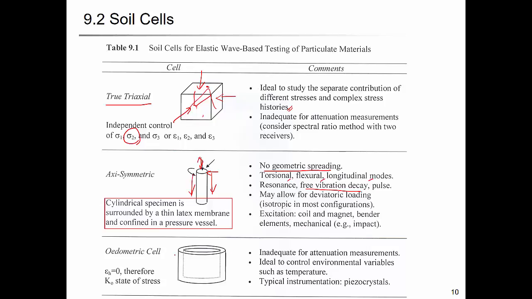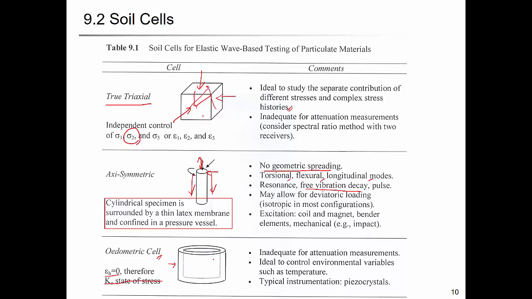Yep. Volumetric cell. This is the easiest way to do the soil characterization. We do it during the consolidation test. You have a rigid wall so that you don't allow the lateral strain, you only allow the vertical strain. So here the lateral strain is 0, and this is called the K0 state of stress.